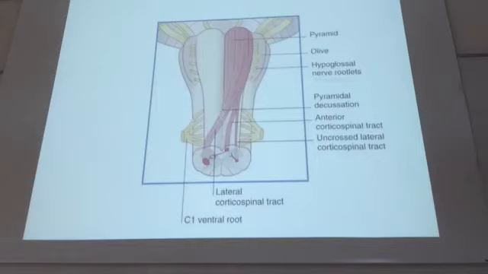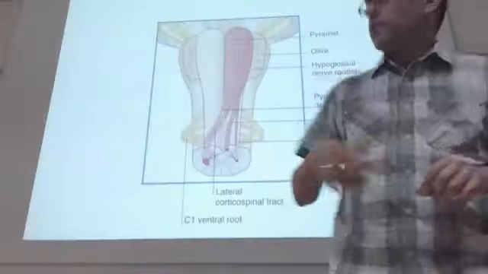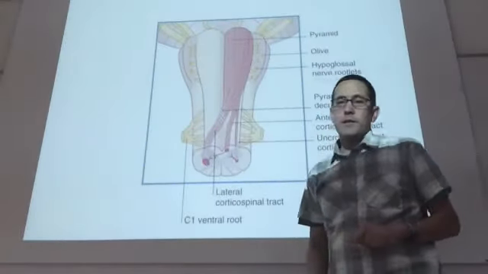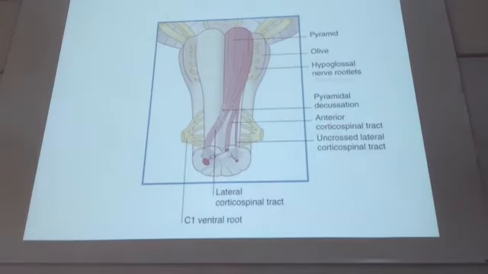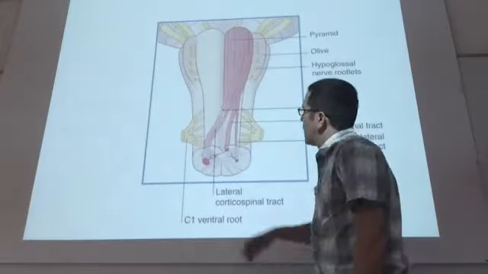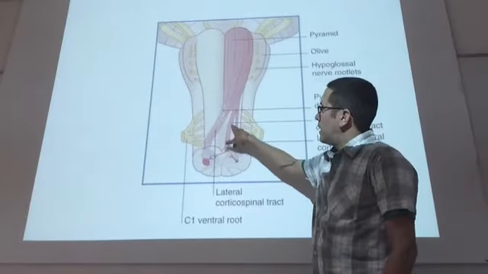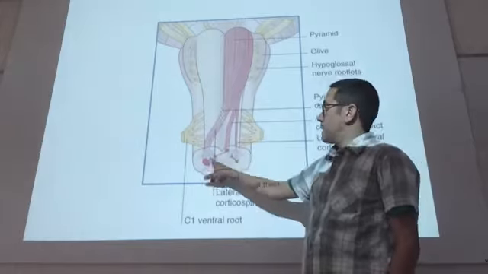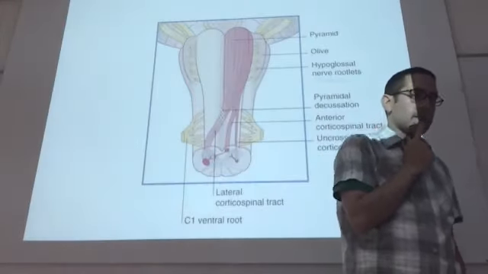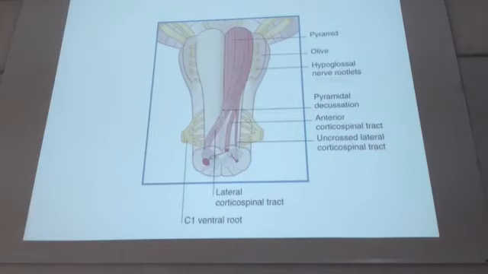But you see them, and as I said, most of the fibers tend to decussate at the middle of the medulla. Others will decussate at the spinal cord. There are a very few minor fibers that don't decussate at all.